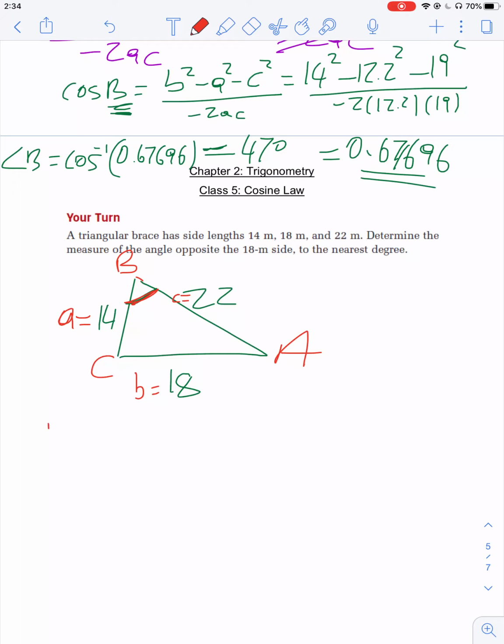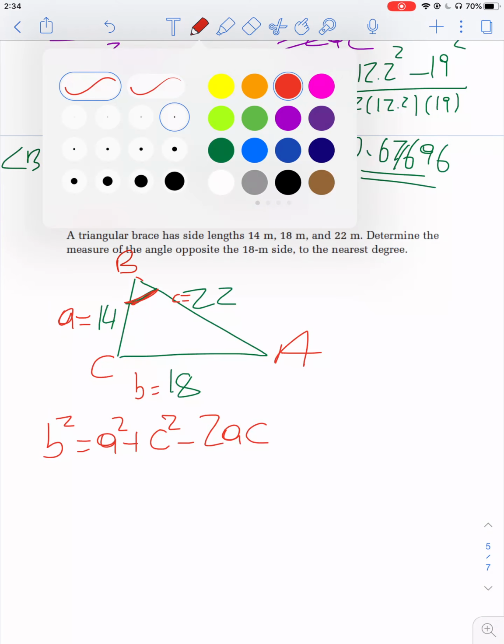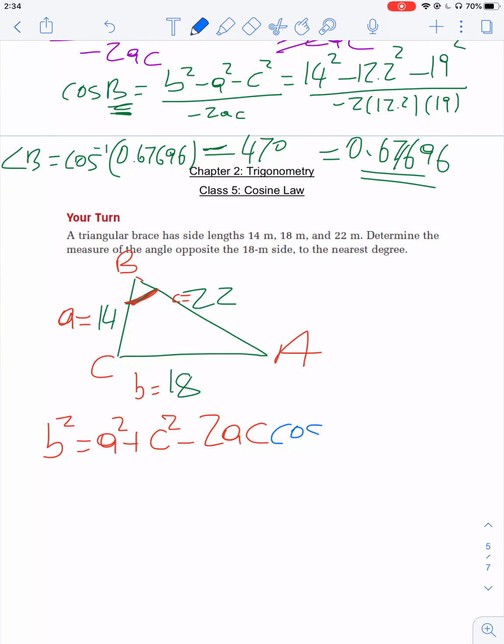B squared is equal to A squared plus C squared minus 2A times C, and then cos of B, okay? So now, using BEDMAS, you have to get rid of your addition and subtraction first before you take care of multiplication and division, okay?